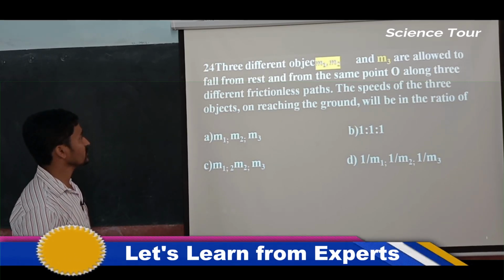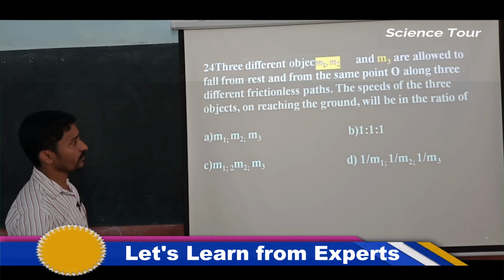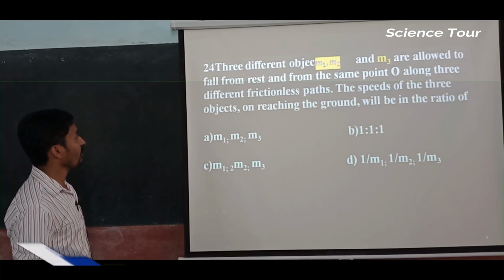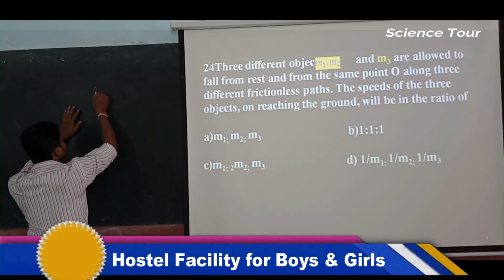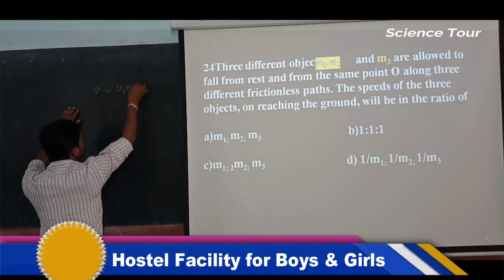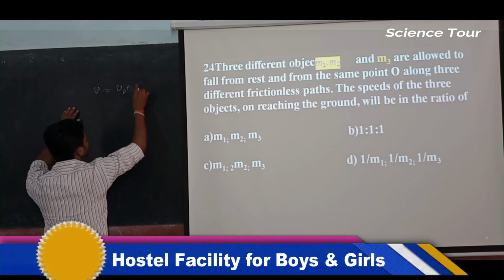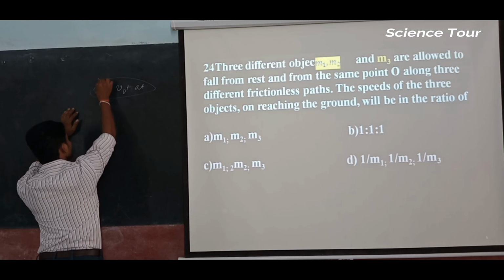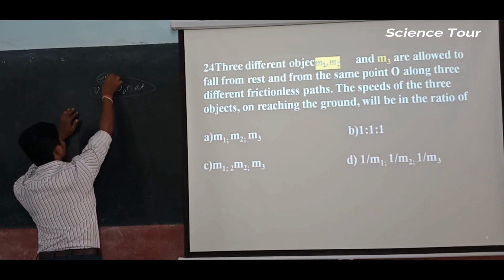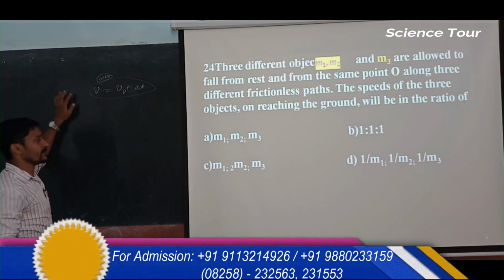The speed of the three objects on reaching the ground will be in the ratio of, that is, v is equal to v naught plus at, isn't it? Time is the same, so there is no term called mass. These kinematic equations are independent of mass.